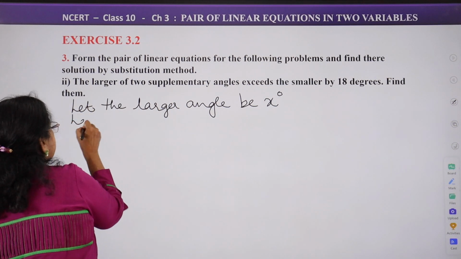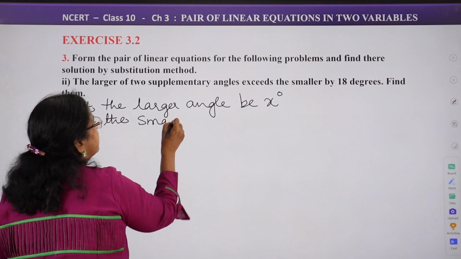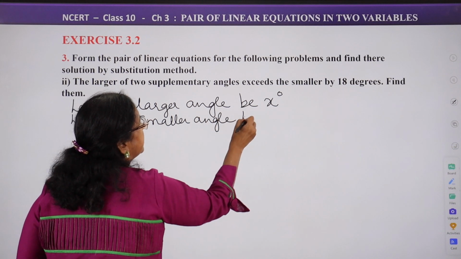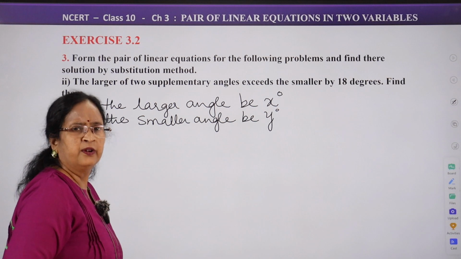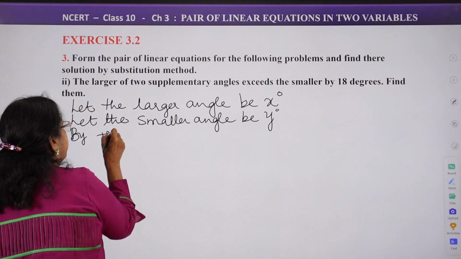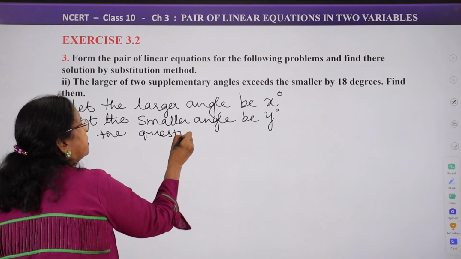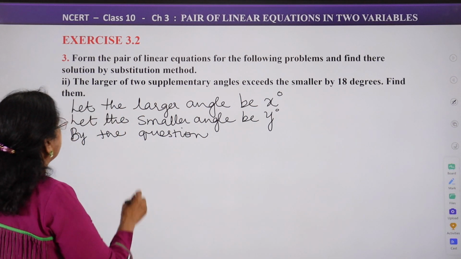And let the smaller angle be y degree. Now, by the question, or you can write according to the question, anything is correct.